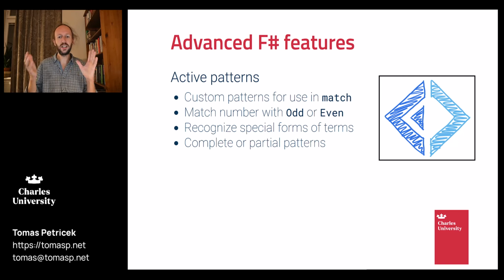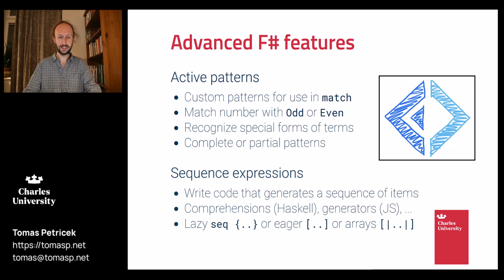So you can define your own pattern like odd or even and use those to pattern match on numbers. You can use this to recognize some special particular forms of terms, and as you will see shortly, there are two different kinds of active patterns.